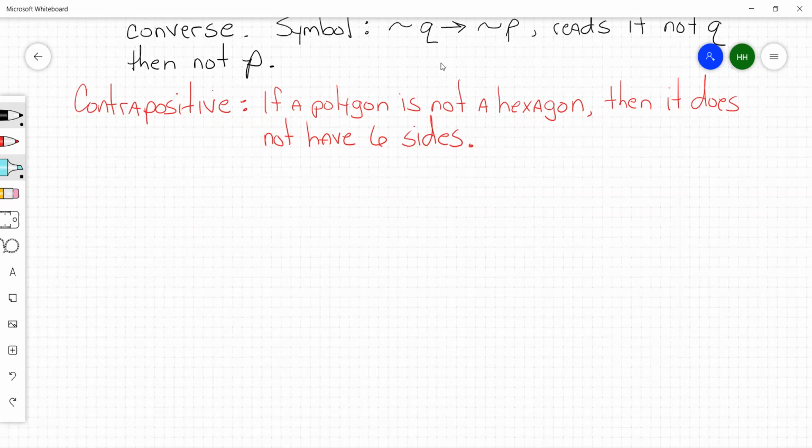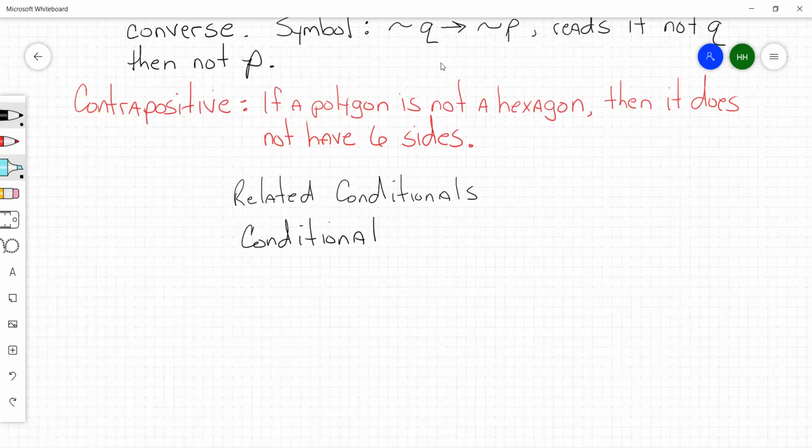If we condense this down to the 4 conditional statements, we're going to call this related conditionals. We have the conditional, the original conditional statement.